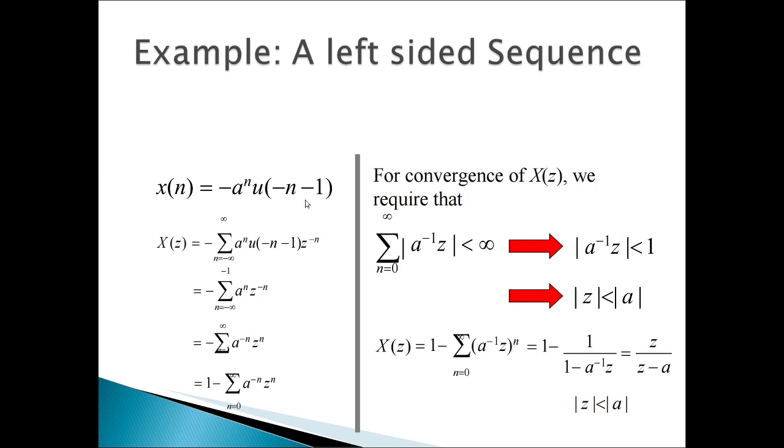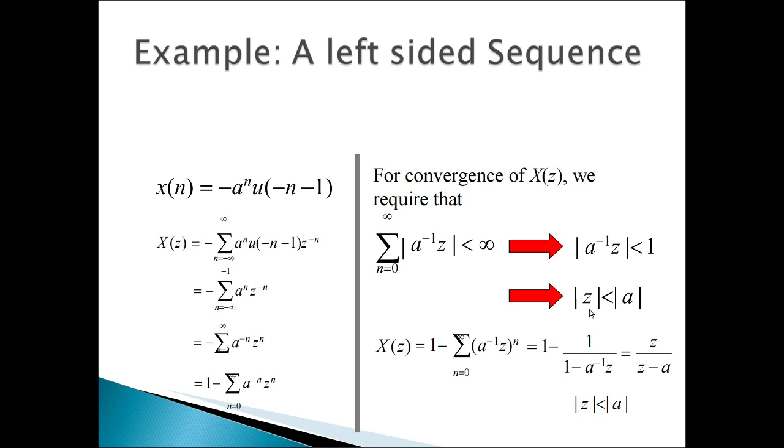So what we can have is n from minus infinity to minus 1 whose amplitude is equal to 1, so you can simplify this part as 1 into a to the power of n, so that z to the power of n remains. Again this has the same formula, that is a to the power of minus 1 z less than 1, so that you can go with the simplification.